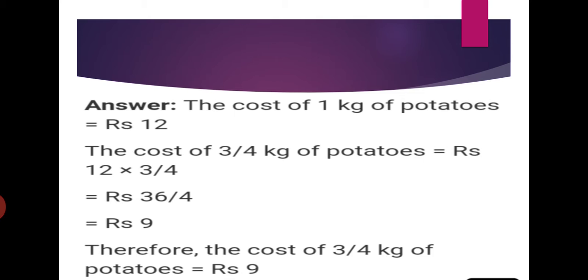We have to find out the cost of 3/4 kg of potatoes, that is 12 into 3 upon 4. 12 threes are 36. 36 divided by 4, what will be the answer? 9. 4 nines are 36. Therefore cost of 3/4 kg of potatoes is equal to rupees 9.